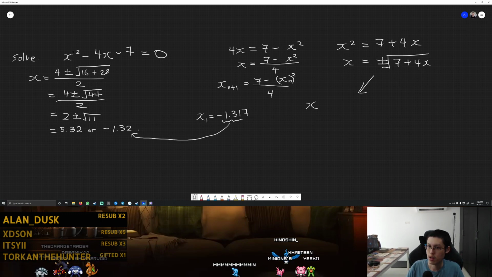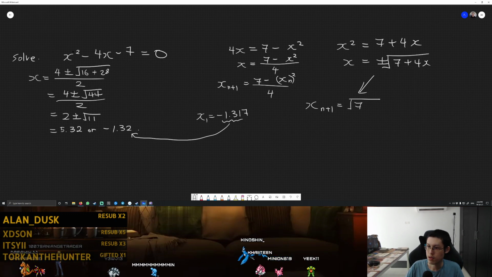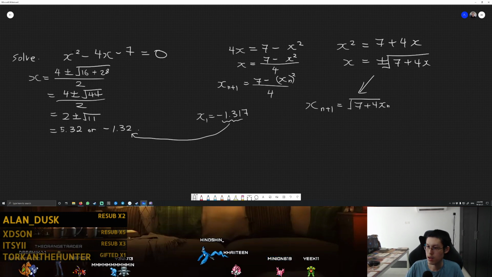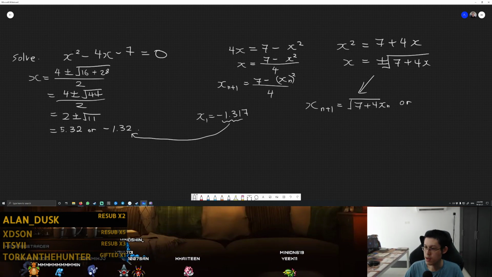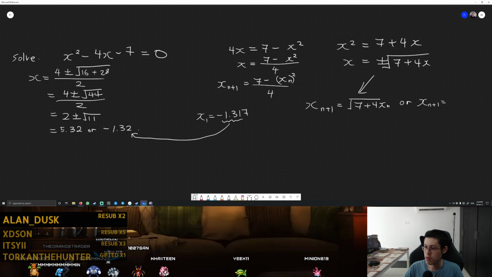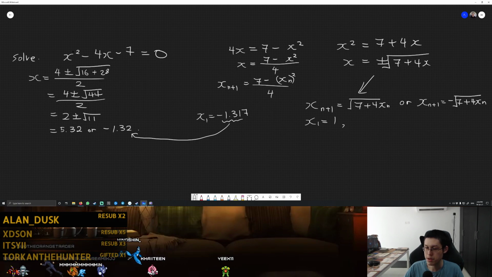We can either do xn plus 1 equals square root of 7 plus 4xn, or xn plus 1 equals negative square root of 7 plus 4xn. In both cases, we just pick x1 equals 1, whatever.